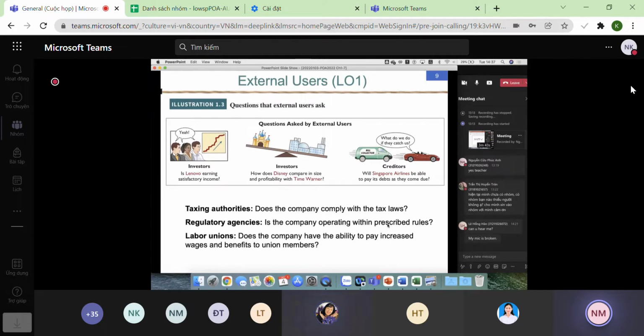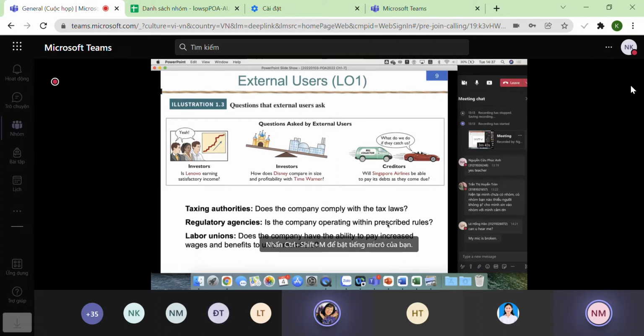About creditors: I lend you $1,000. So I have the interest or benefit directly, direct benefit. I lend you and I receive what? Interest, right? So is that a direct or indirect benefit? Direct benefit, right?